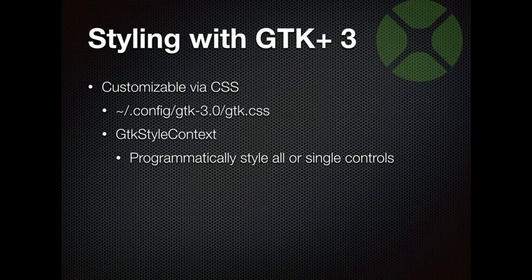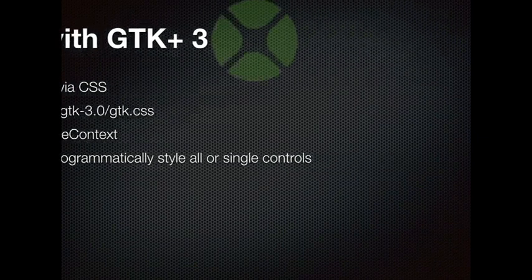What's great about using GtkStyleContext is that you can programmatically style just your app. With the file approach, it's pretty much global. So your app will be styled, another app that you didn't write will be styled. But with GtkStyleContext, you can style just your app, or even just a single control in your app.